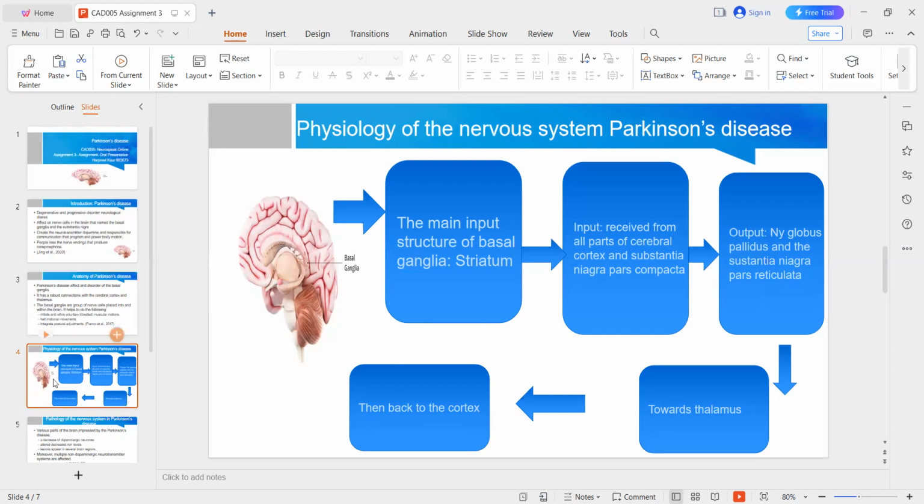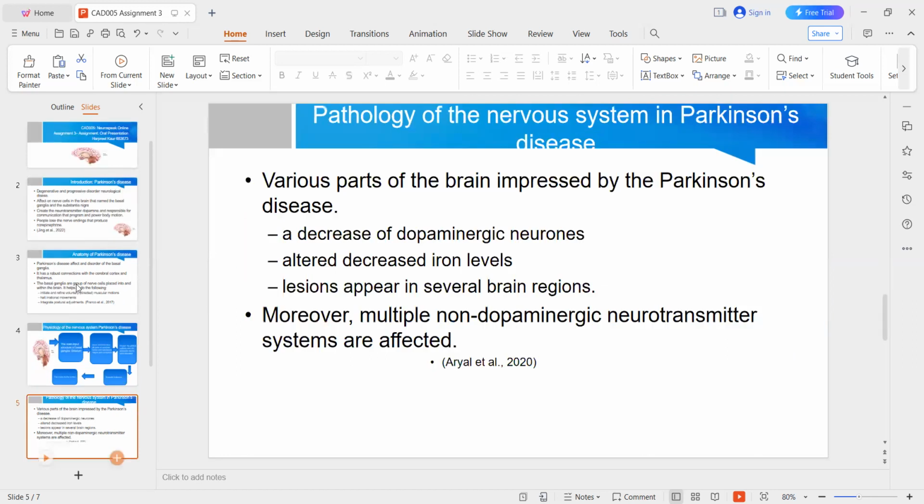Slide 5 is about the pathology of the nervous system in Parkinson's disease. There are several changes that happen in the brain and affect it in different ways. For example, the substantia nigra has a profound decrease of dopaminergic neurons and a decreased iron level.